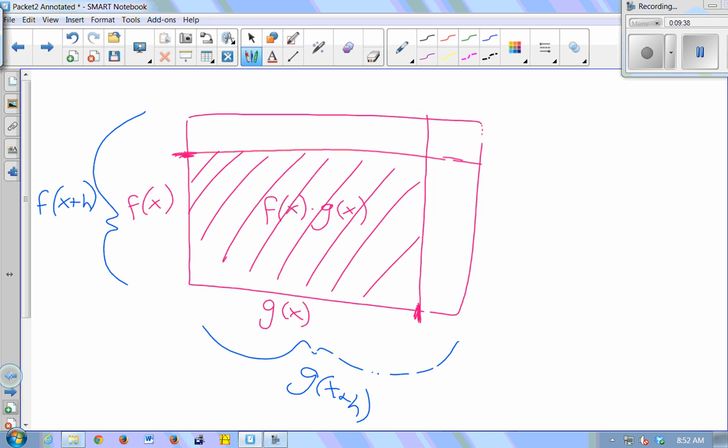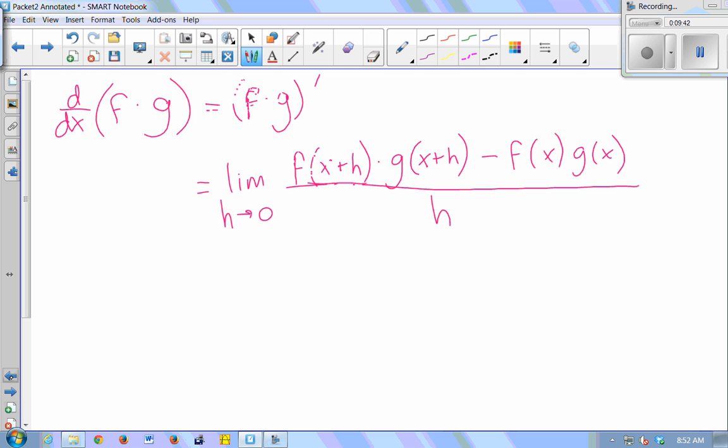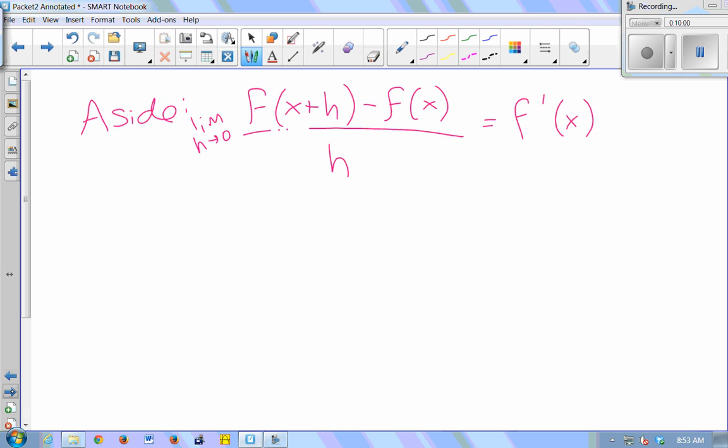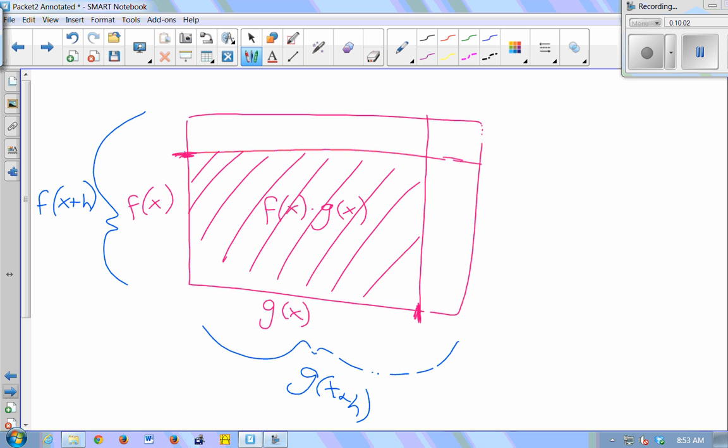So my expression is f of x plus h times g of x plus h, the area of the large rectangle, minus f of x times g of x, the area of the inner pink rectangle. When I subtract the two, what's left? This bit, and this bit.